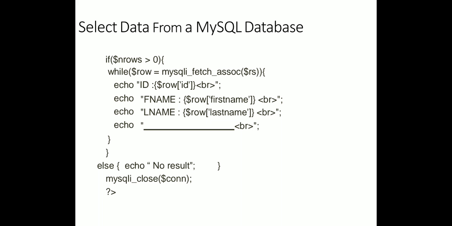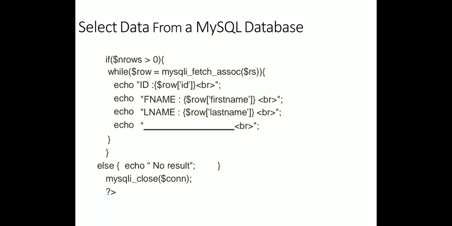So here is the look of our output, how you want to see that particular output. First it will display the id, a colon, and whatever id is present, then fname, then lname.